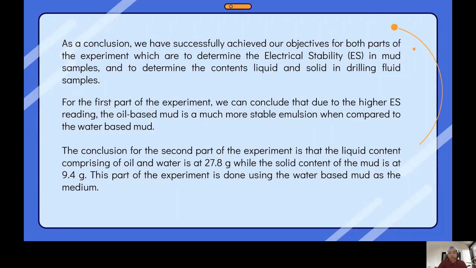For the first part, we conclude that the oil-based mud is much more stable because of the higher electrical stability reading compared to the water-based mud. For the second part, the liquid content, the oil and the water, is 27.8 grams, and the solid content is 9.4 grams. The second part also uses the water-based mud as the medium.